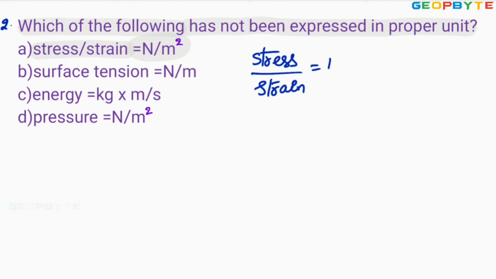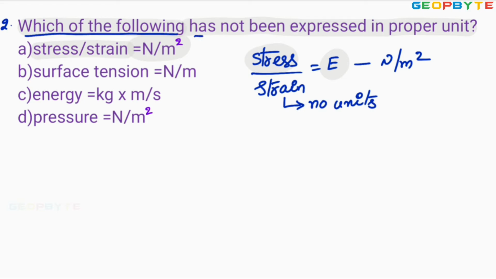Stress by strain equal to Young's modulus denoted by E. Since strain has no units, Young's modulus unit and stress unit are identical, that is Newton per meter square. Anyhow, the first option is maintaining the correct unit, but the incorrect unit is asked. Incorrect statement you are asked to find. Anyhow, A is not our option.